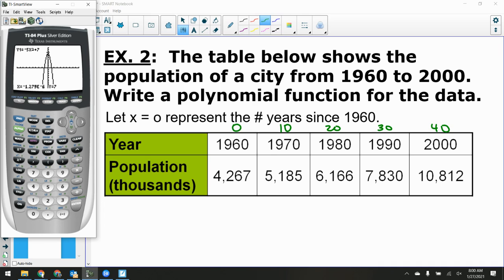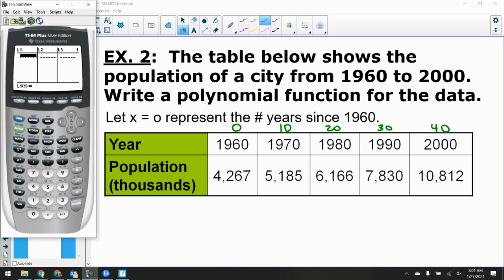All right, let's take a look here. Remember that to go in and change your lists, that's stat, edit. Stat, then edit. And then let's clear out our lists. I go up to L1, hit clear, then down. I go up to L2, hit clear, and then down.